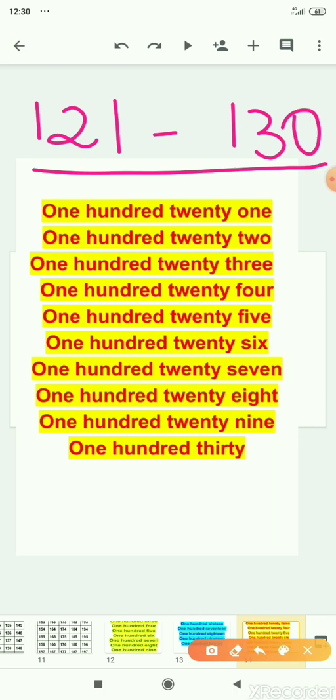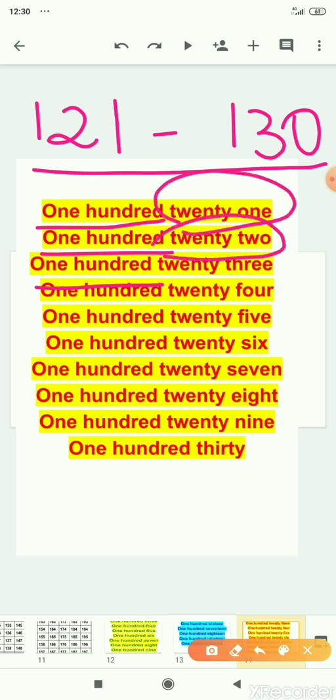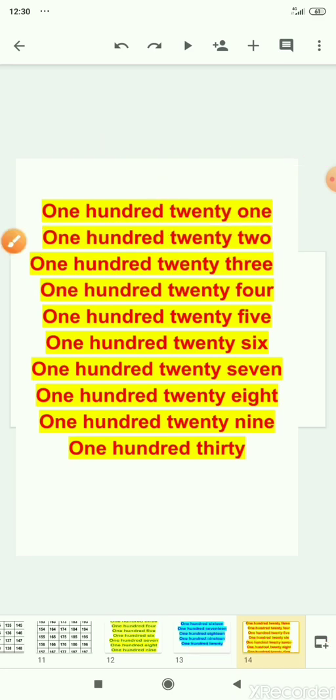As usual, simple, as we have HUNDRED in all the spellings prior. Only the last spelling has changed because of the numbers. What is the last number? That same spelling we have to write at last. So here we have 121 to 130.